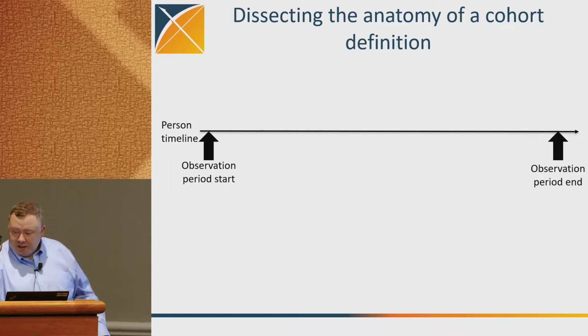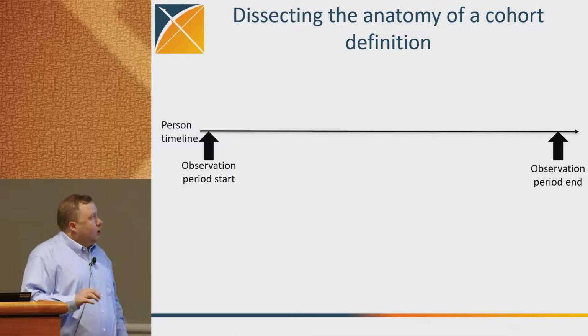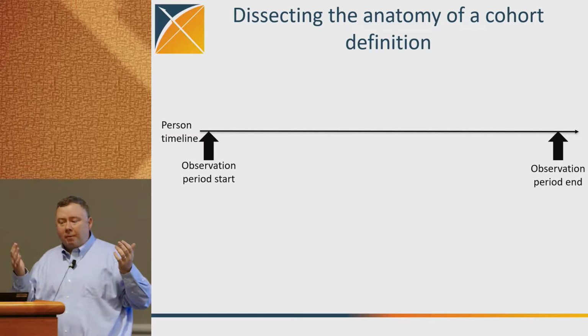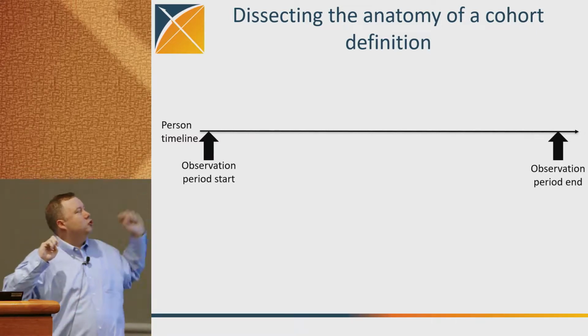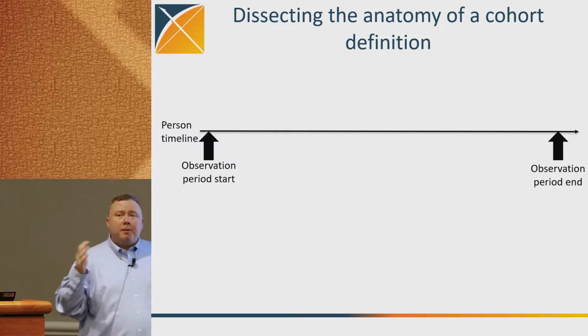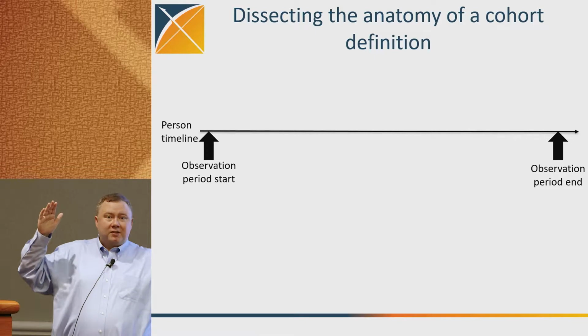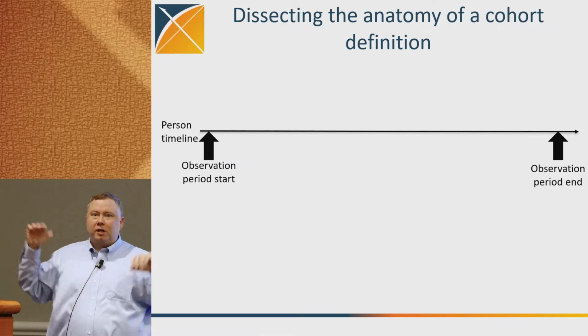So, to dissect the anatomy of a cohort definition, I'm going to draw this timeline of a person. In the OMOP common data model, we have the notion of an observation period. That's the span of time that you expect to observe clinical observations for a given individual.